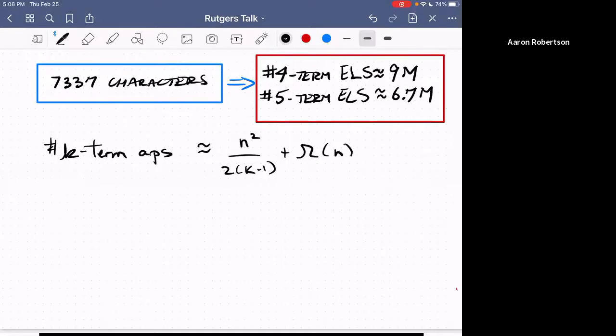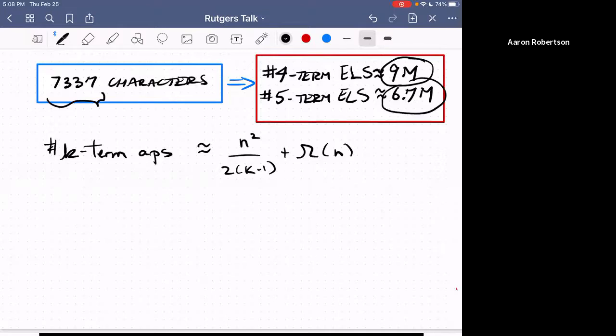By doing that, you'll get that among those 7,000 plus characters, there are about 9 million four-term arithmetic progressions. So just different choices of a and d. And there are about 6.7 million five-term arithmetic progressions.